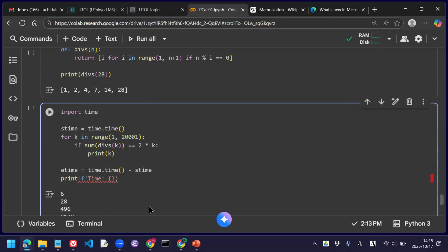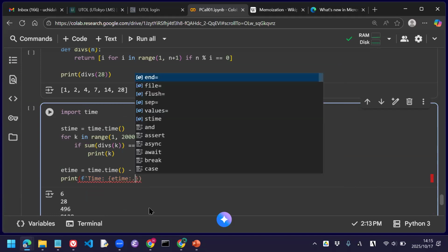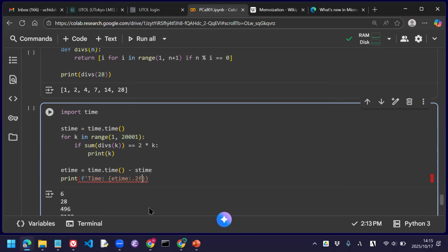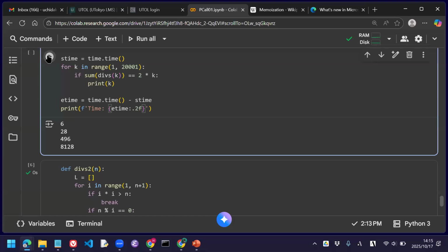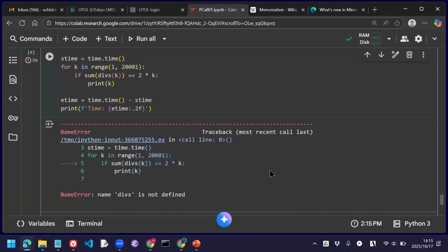So here we do etime with a colon .2f, which will help us write it. Maybe 1f is enough, but okay, 2f.